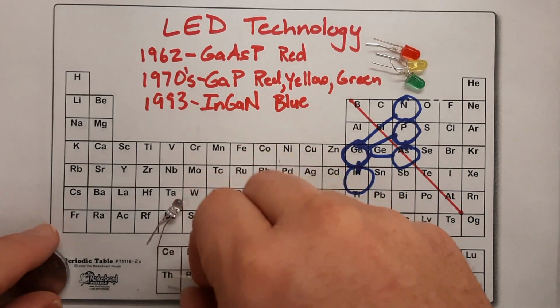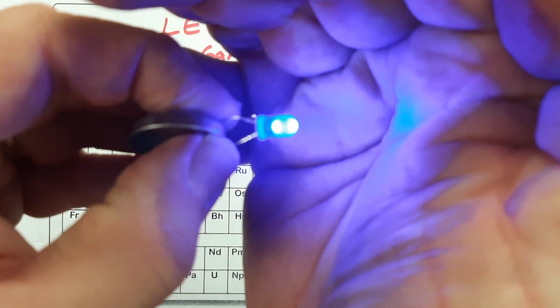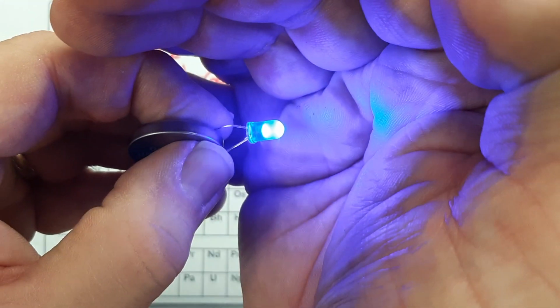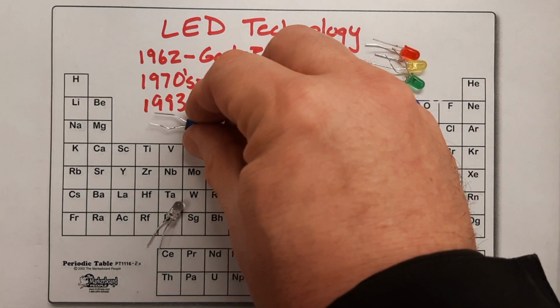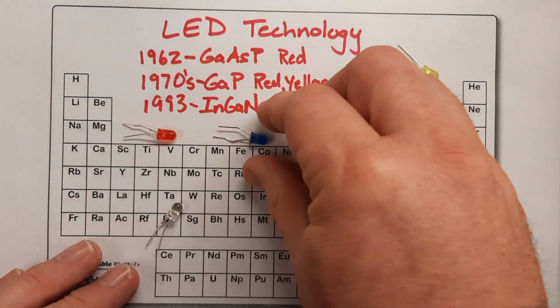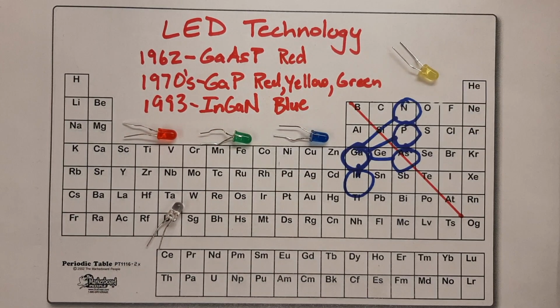And then let's put this on up here, the good old blue LED. And it's interesting. So the reason why this was the holy grail, so to speak, was that you needed 3 colors. Good old red, green, and blue.